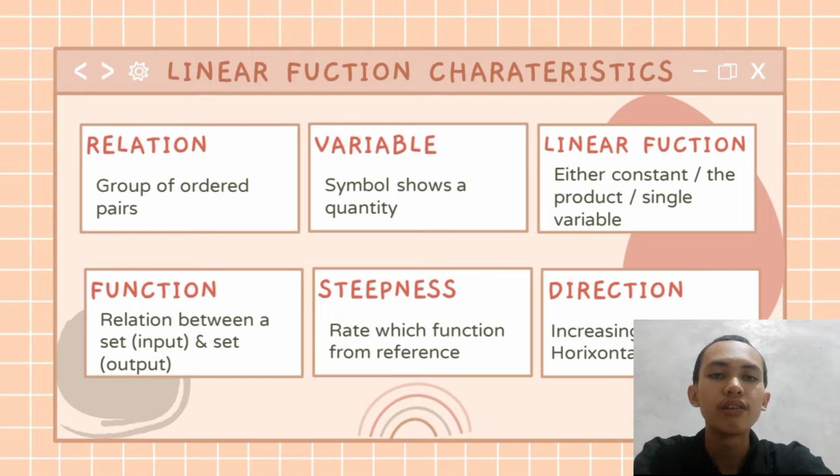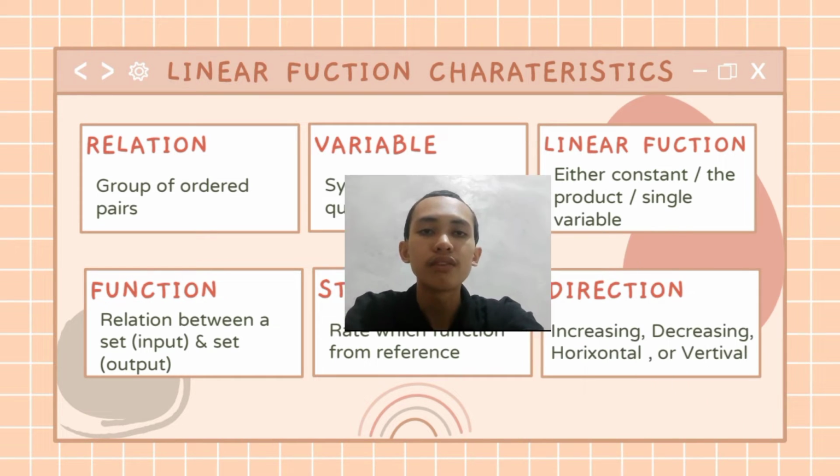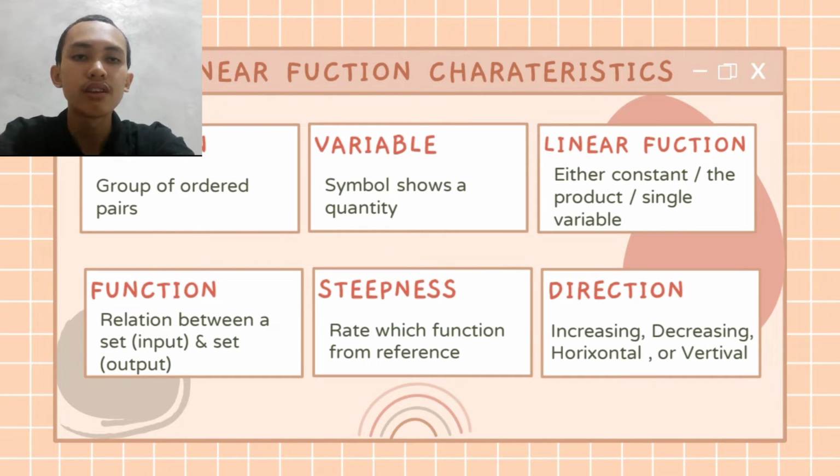Function: a function is a relation between a set of inputs and a set of permissible outputs. It has the property that each input is related to exactly one output. Steepness: the rate at which a function deviates from a reference direction: increasing, decreasing, horizontal or vertical.